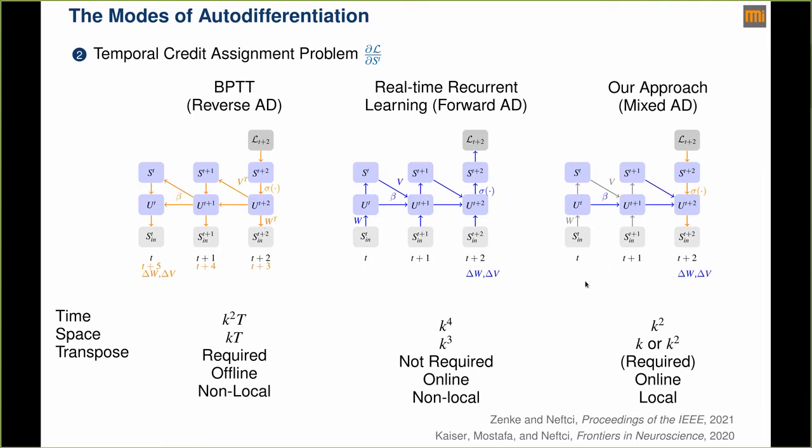So what this means is that all the information necessary for computing the gradients is propagated forward in time from one step to another. But as we calculate the gradients within the time step, we backpropagate them space-wise using reverse mode auto-differentiation. This is why it's called mixed mode auto differentiation.